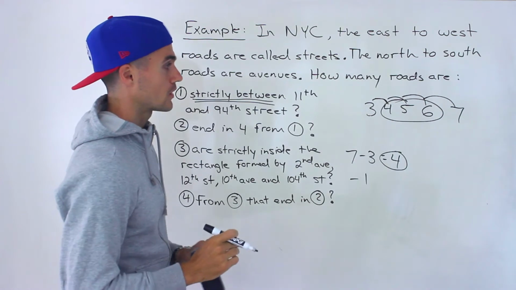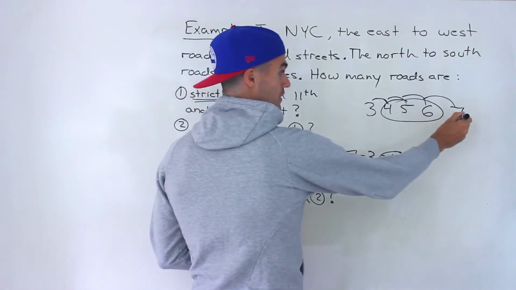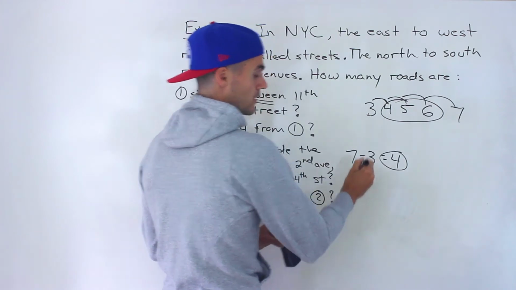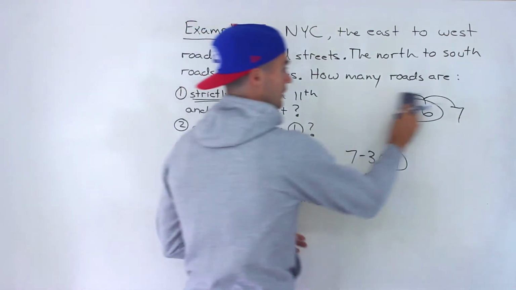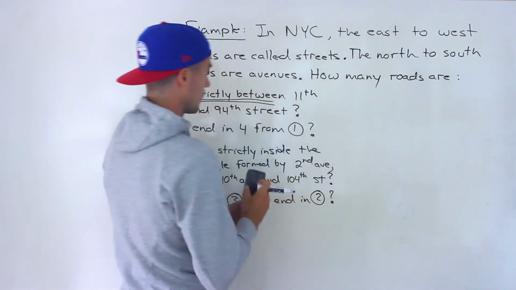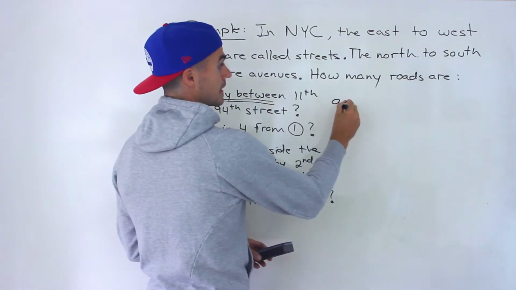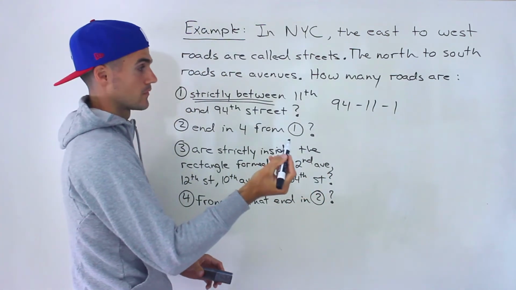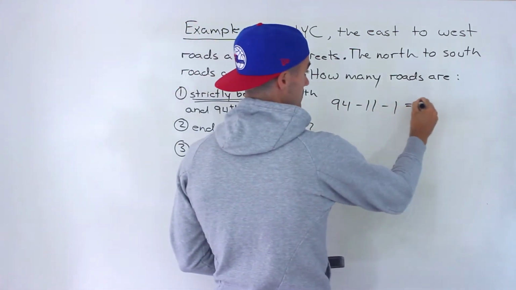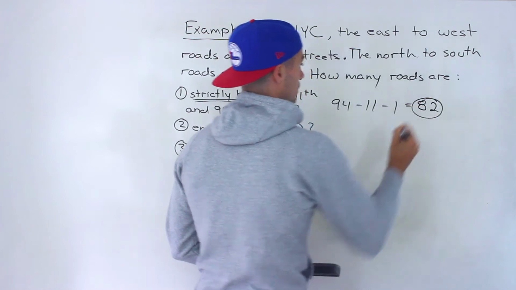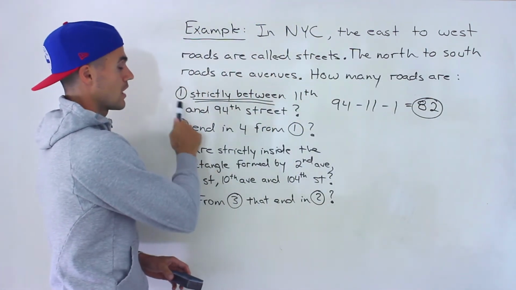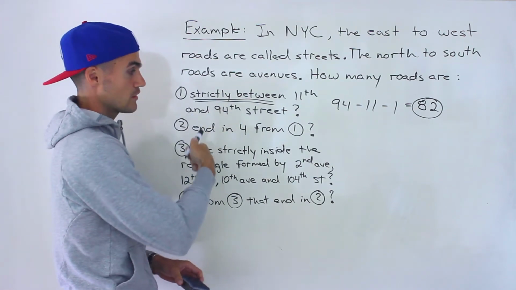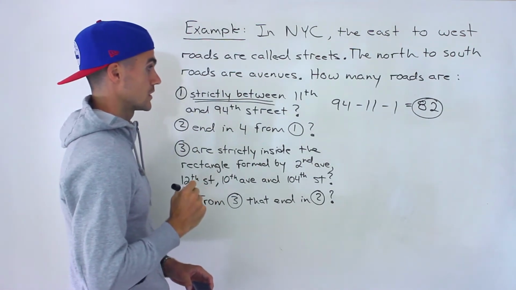You got to be careful with the wording. So it would always be this minus that minus 1. If we apply that pattern here, it wouldn't be 94 minus 11. It would be 94 minus 11 minus 1, and that would give us 82. So that's the answer to number 1. There are 82 roads between 11th and 94th Street.